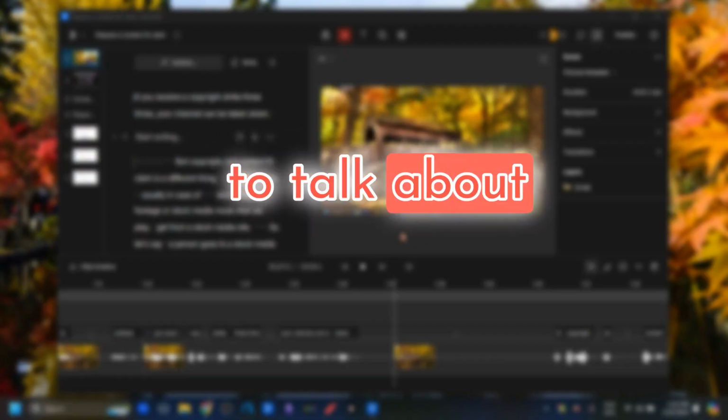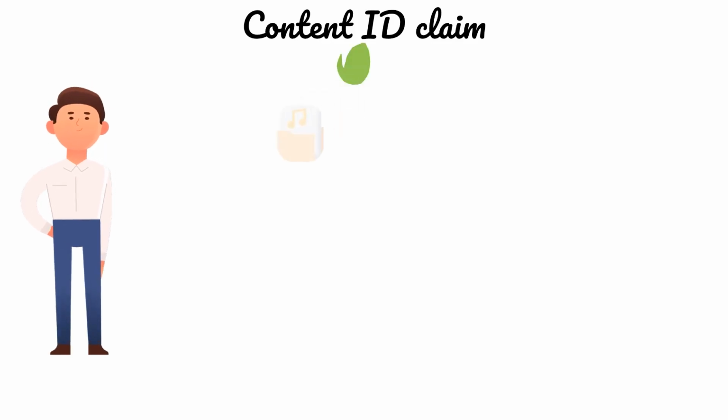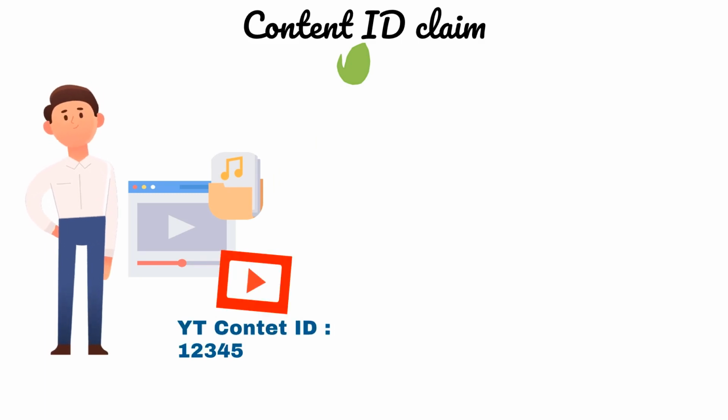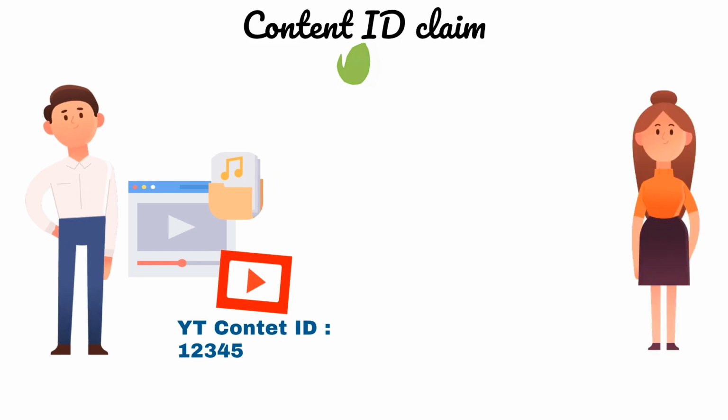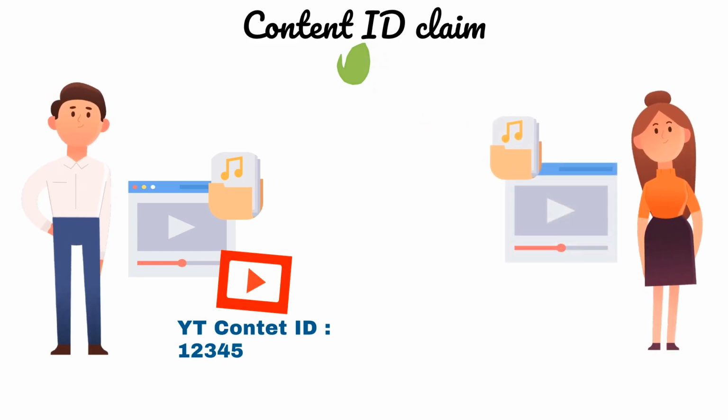Today I am going to talk about content ID claims. Content ID claim is a different thing. So let's say a person goes to a stock media site and gets a piece of music and uses it as background music in their video. YouTube will give this video a content ID. Now, a few days later, we get the same music and use it as background music in our own video.